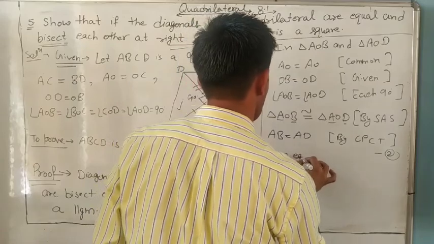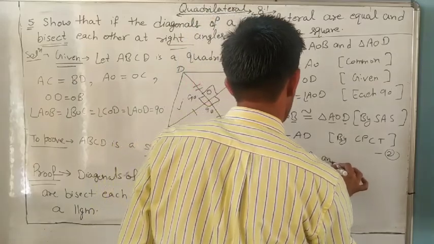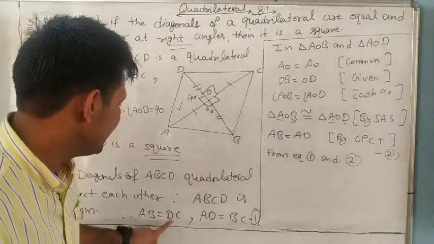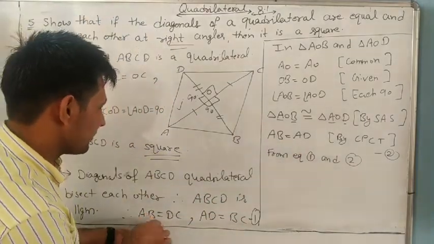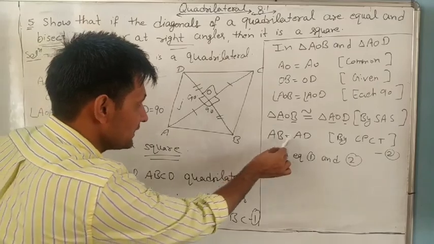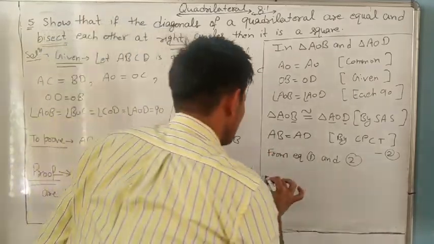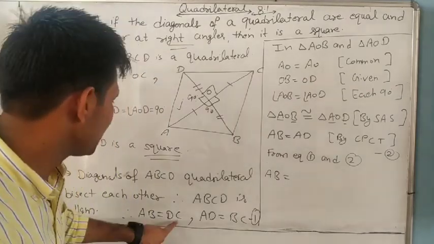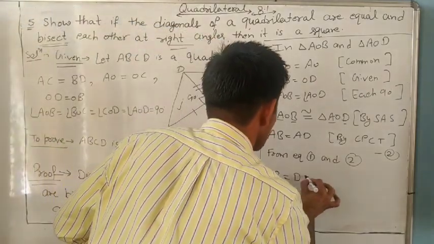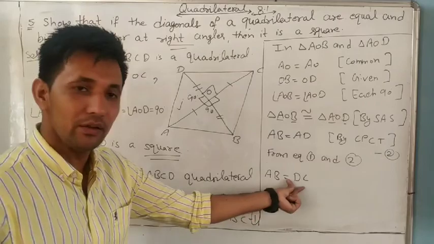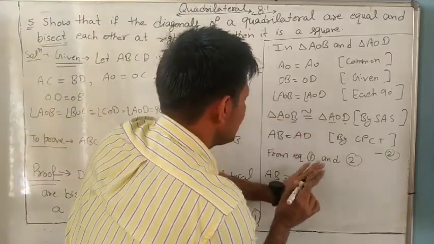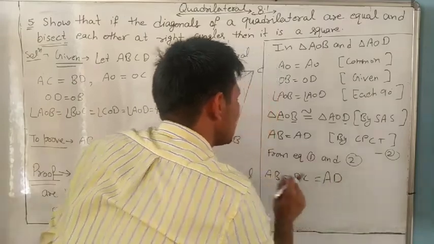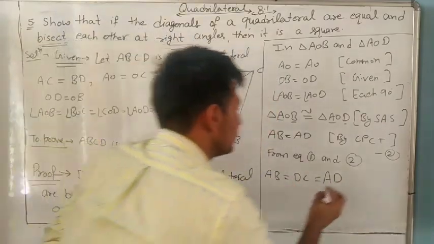From equation 1 and 2, AB equals DC also. It means all sides are equal. You can remember AB equals DC. Yes. But AB is also equal to AD. It means these two are also equal, and AD is also equal to BC.